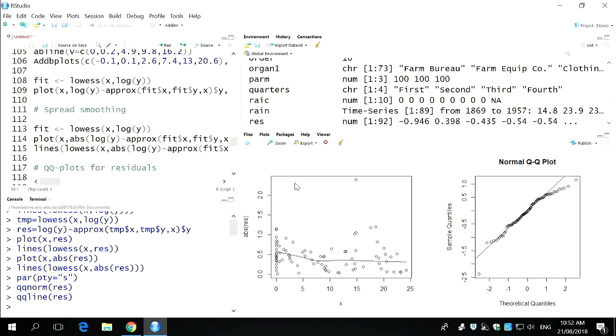It's pretty straight for most of the way, but you can see it starts to tail off here, starts to tail off here. This is a what sort of shape? S for Superman, so it's that nice S, right? So it's kind of S, right? So it's a little bit light-tailed. A little bit light-tailed compared to a normal, okay?